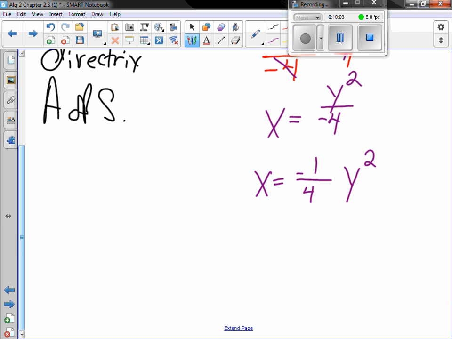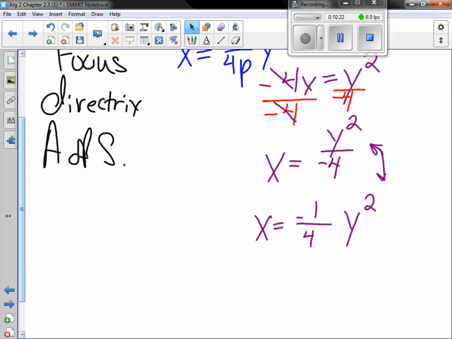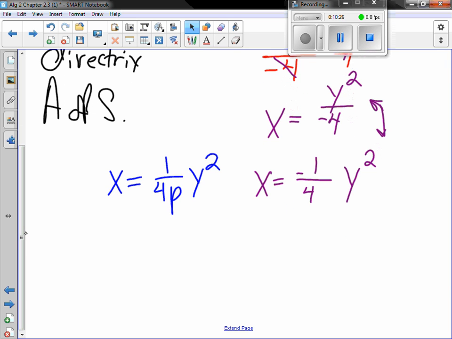Because negative 1/4 times y squared is the same as negative y squared over 4, yes? These two here are the same thing. I rewrite it this way because in our next step, we're going to be comparing these two.